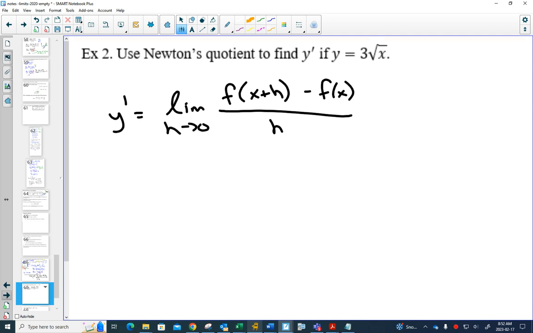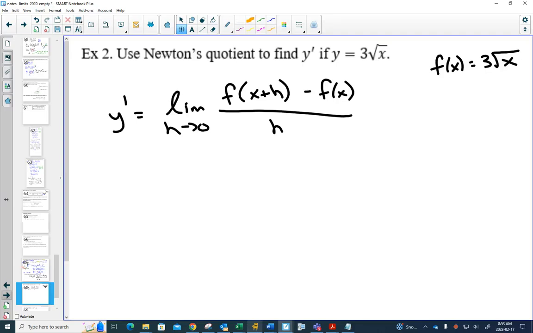You know that anytime you have an equation y equals, if you wanted to, you could replace the y with f of x, because f of x and y are the same idea, just different notations. So in this case, even though it was y equals, I can think of my function as 3 root x.